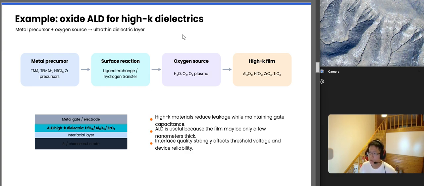When the surface reaction happens, ligand exchange and hydrogen transfer apparently happen in this stage. After that, we introduce co-reactants, including water or O3 or O2 plasma, and the high-k oxides will be deposited on the surface, of course a few nanometers thick.